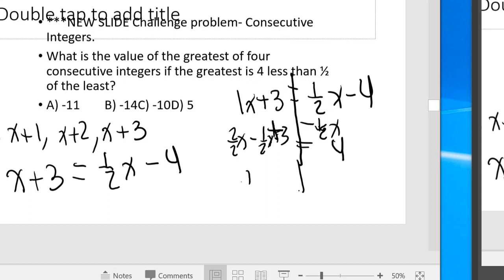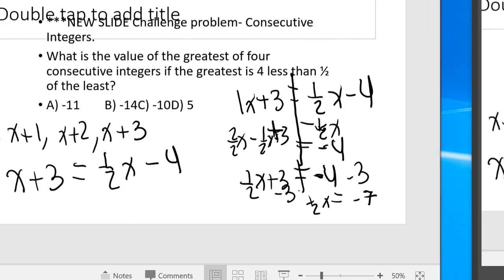I have 1/2 x plus 3 is equal to negative 4. Then I'm going to subtract 3 from both sides, and you can see this on the slide with the answer key if you want. You're going to have 1/2 x is equal to negative 7. Multiply by 2, and x is equal to negative 14.